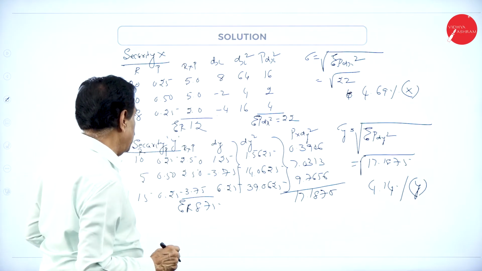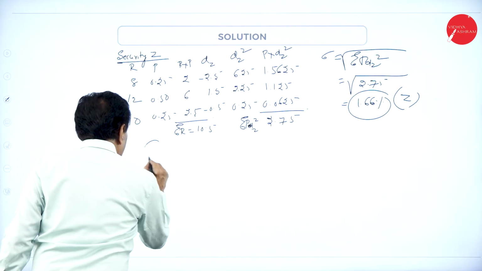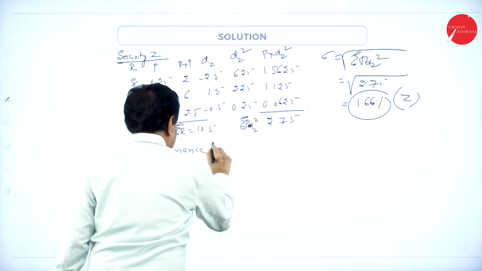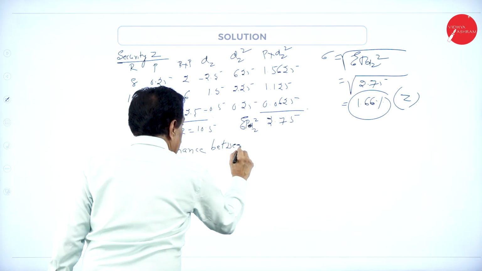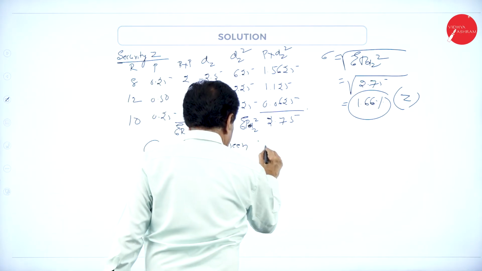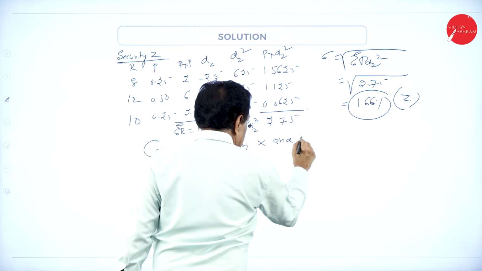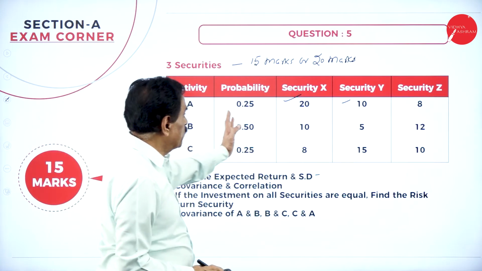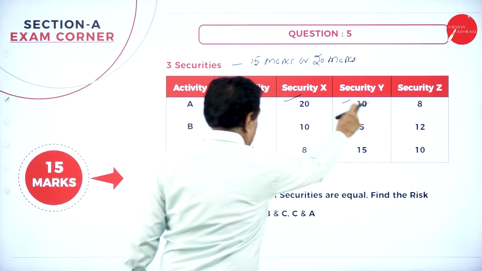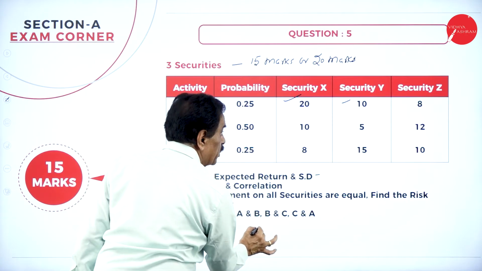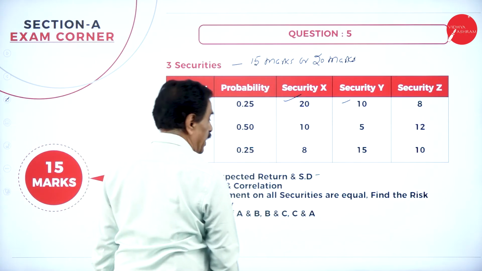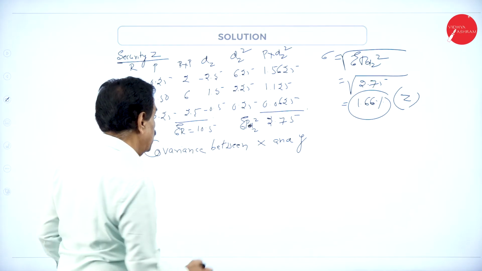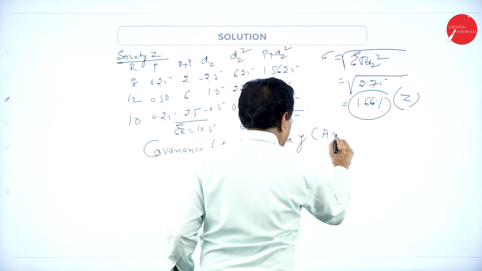Now covariance, carefully you have to do covariance between x and y. Assume that A and B means x and y, B and C means y and z, C and A means z and x.